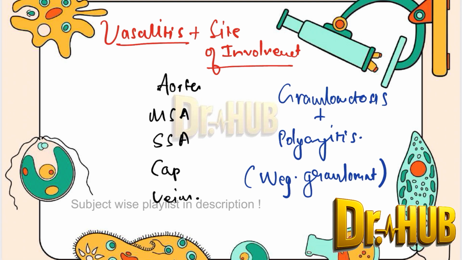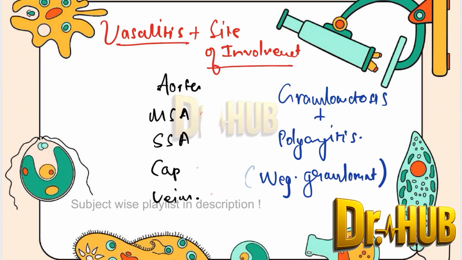So the answer here is medium sized, is it yes? The answer is yes. Small sized, is it yes? The answer is yes. And capillaries, it can be plus or minus. The aorta and the veins, it is negative. So this is about granulomatosis with polyangiitis, that is Wegener's granulomatosis.